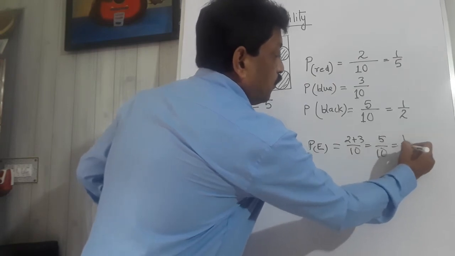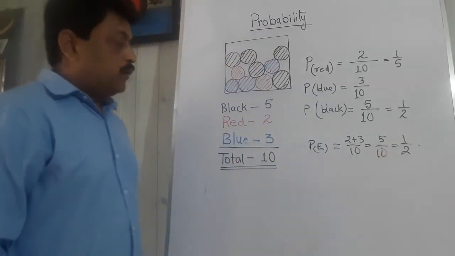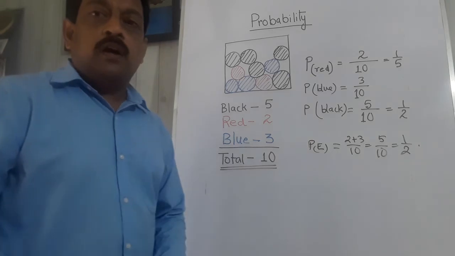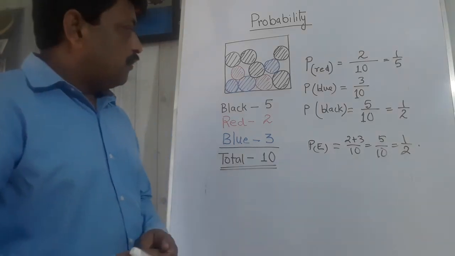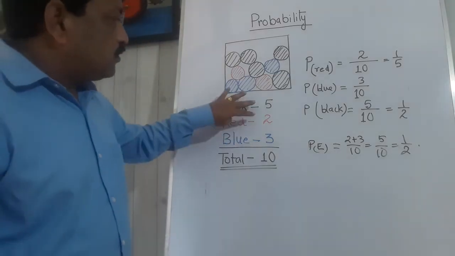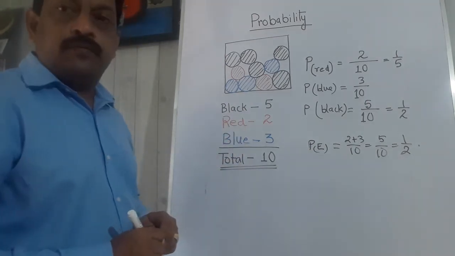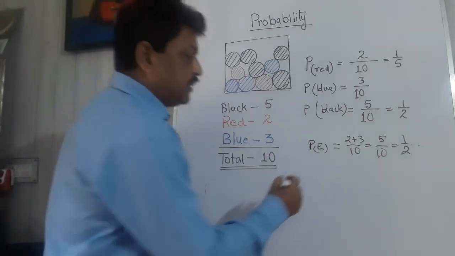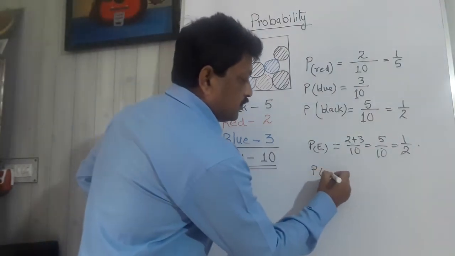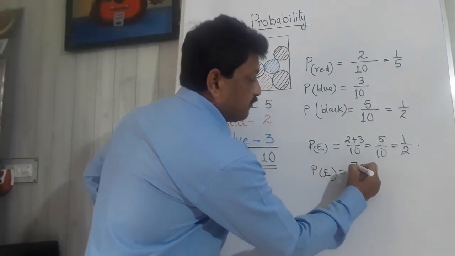That is 1 upon 2 is the answer. If the question is either black or red, so there are 5 black and 2 red. So black or red means total is 7. So there the probability is 7 upon 10.